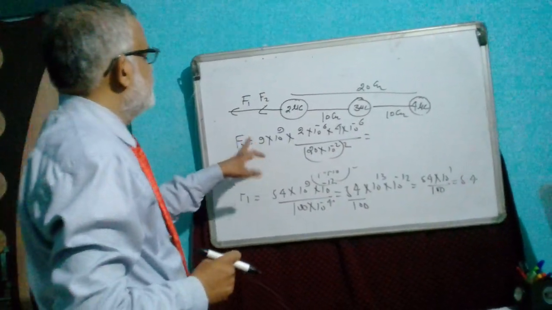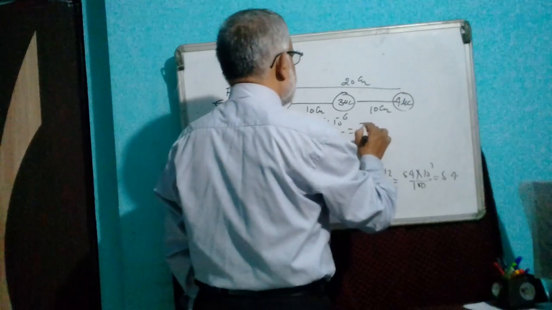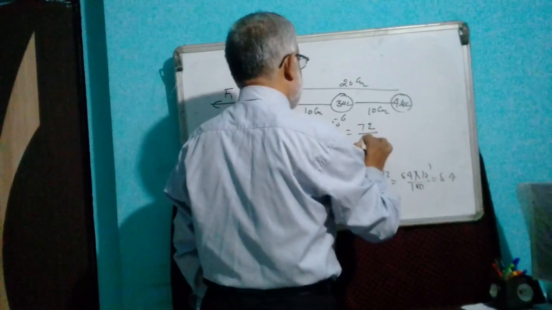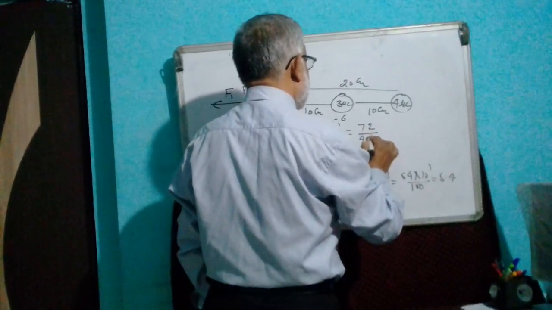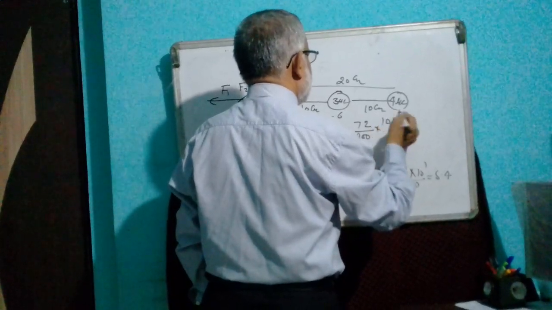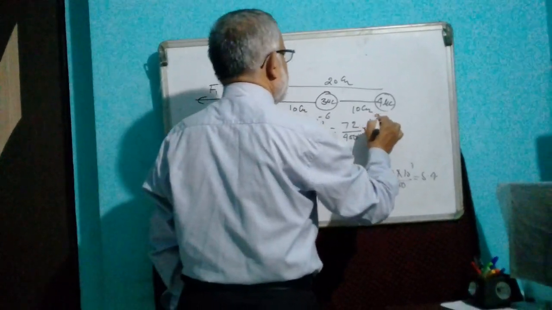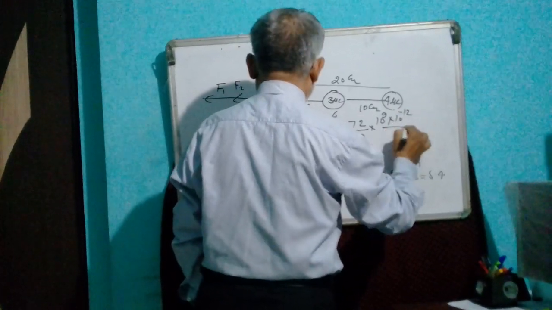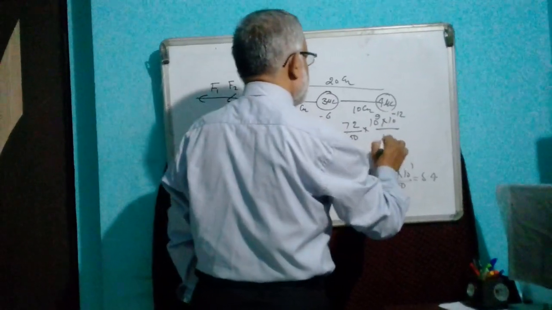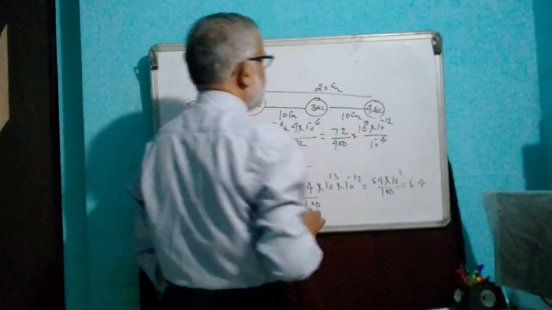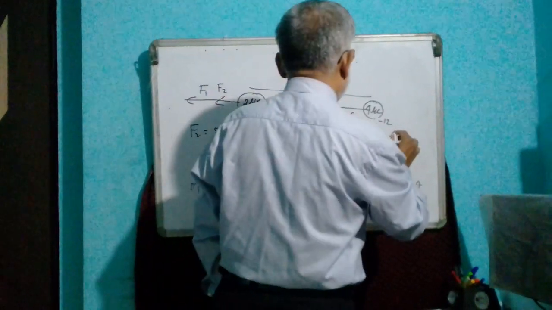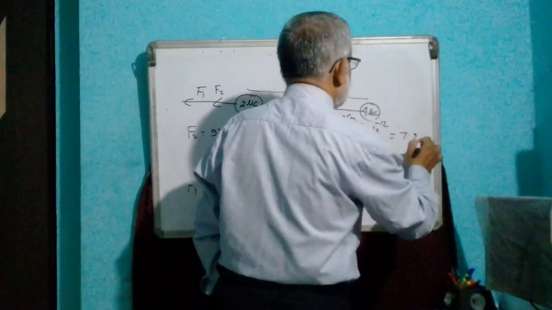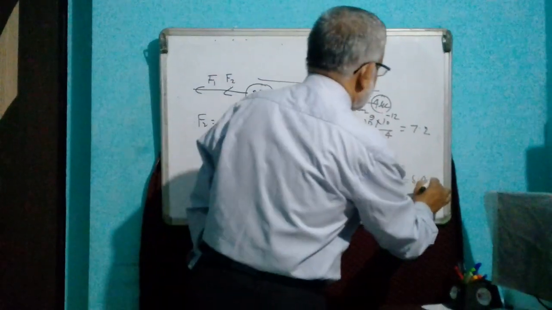Multiplying these, 9 into 2 into 4 is 72 upon 400, 10 power 9, 10 power minus 12 upon 10 power minus 4. Solving this, we get 7.2 Newton.